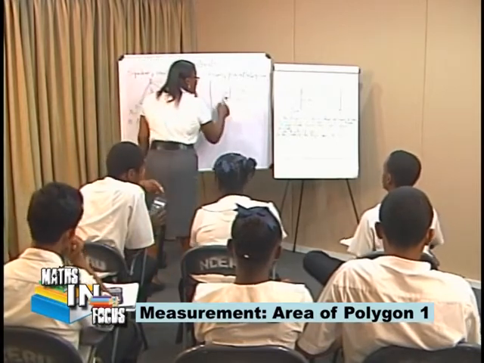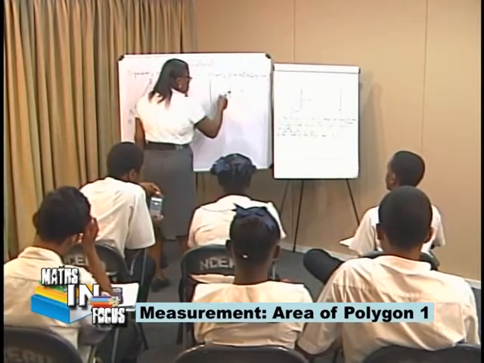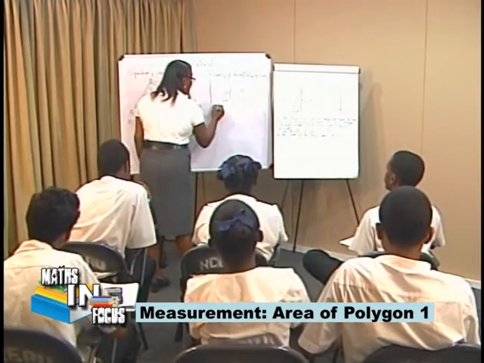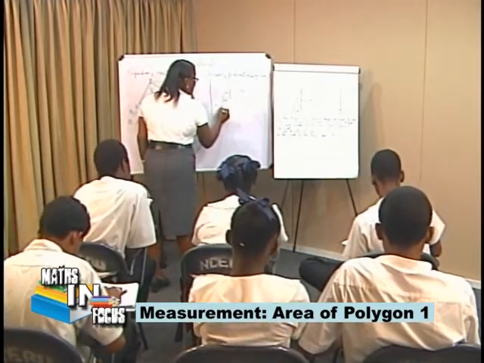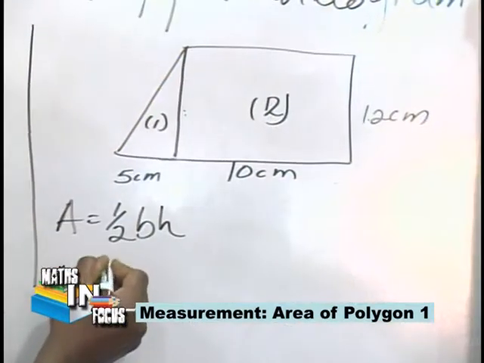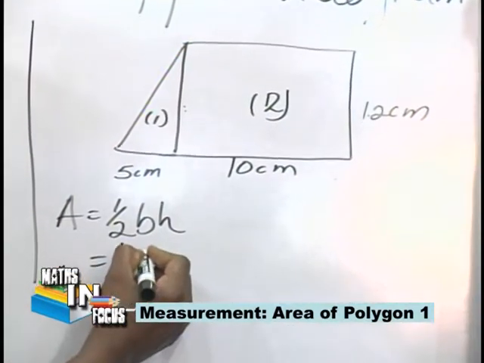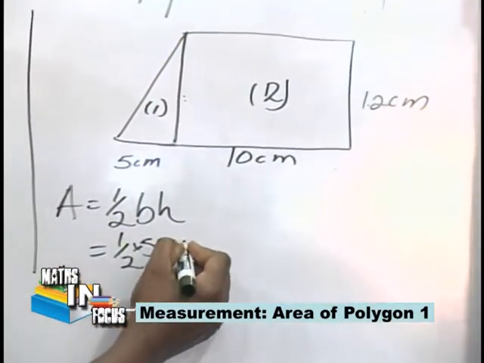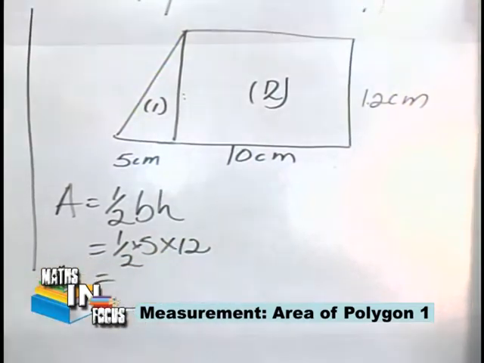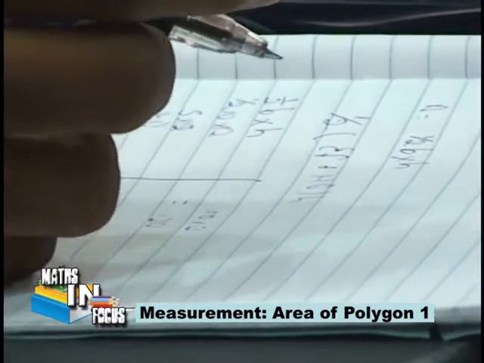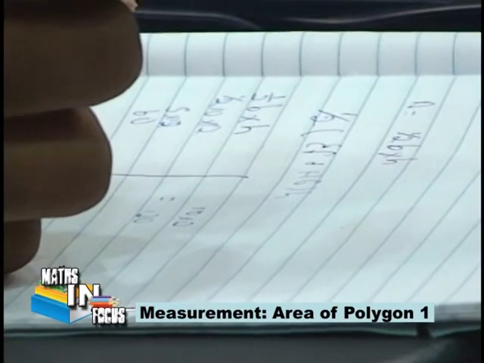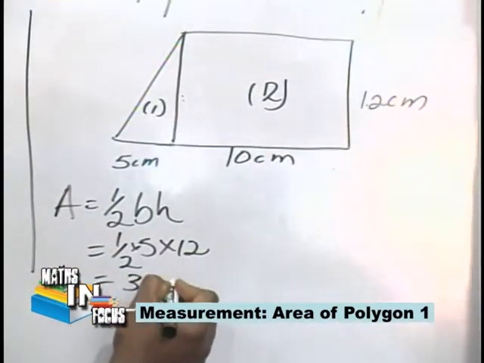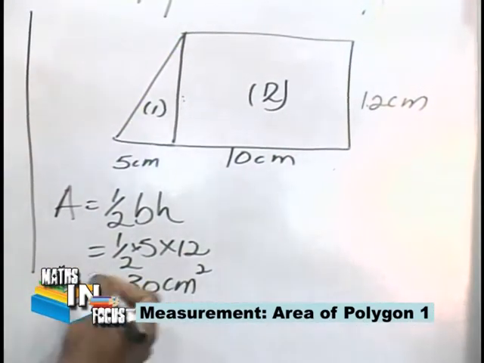So let us go ahead and find the area of this triangle here. Area A is half base by height, which is half of 5 by 12, and that would give us 30 cm squared.